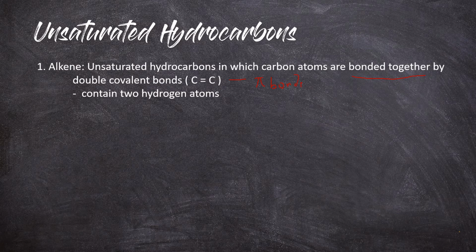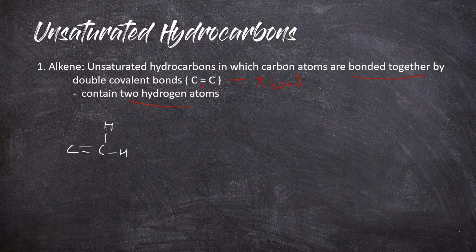And it contains two hydrogens. All right, let's do some examples. So this is C, and this is a double covalent bond, with two carbons. Here are already two hydrogens. Remember, one carbon holds four hydrogens, so you have to put hydrogens here also, either like this or down.